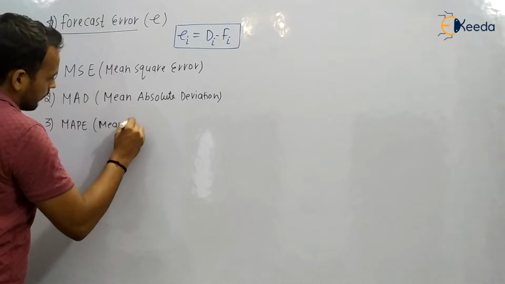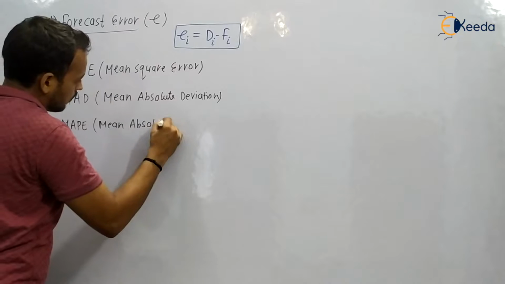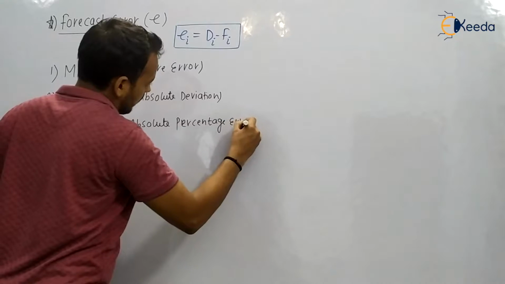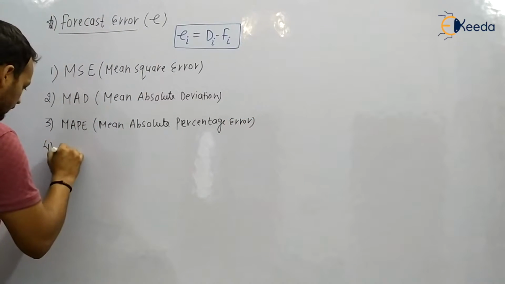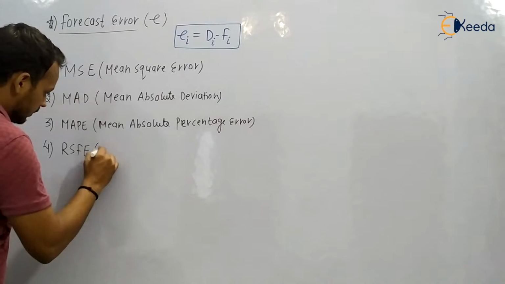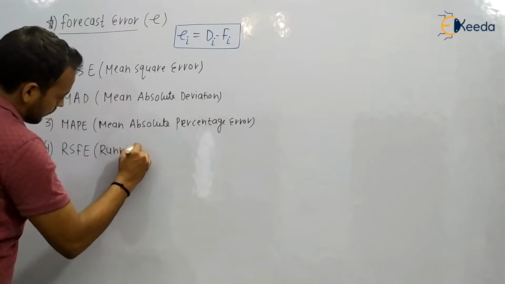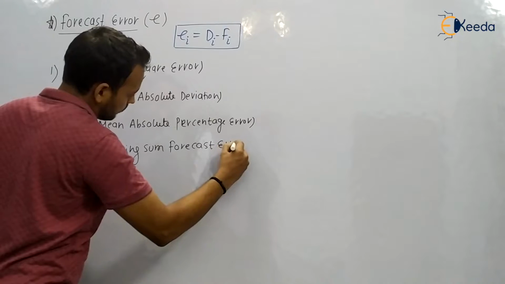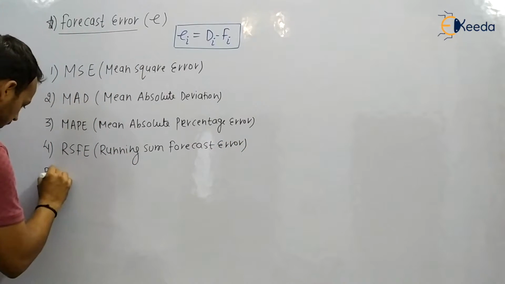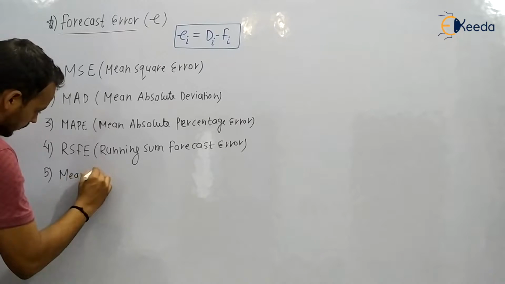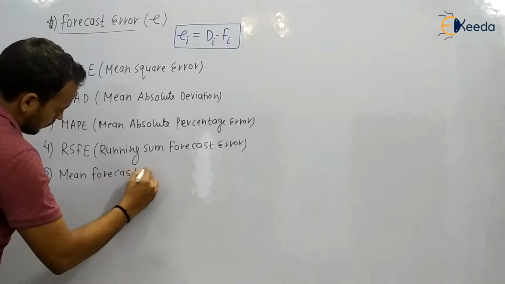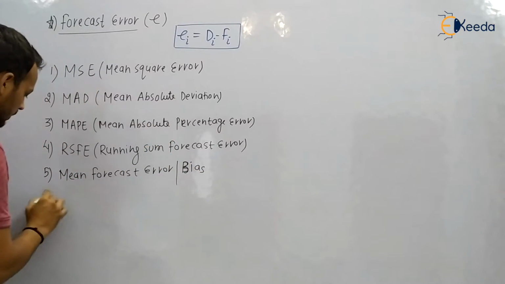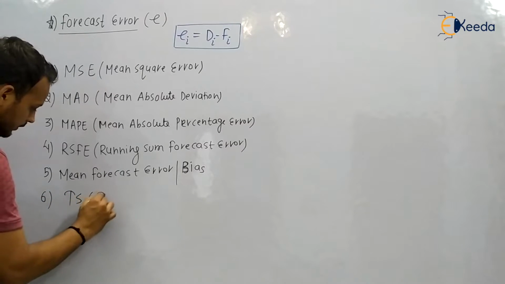The fourth one is RSFE, known as running sum forecast error. The fifth one is mean forecast error, also known by the name of bias. And the last one is TS, that is tracking signal.